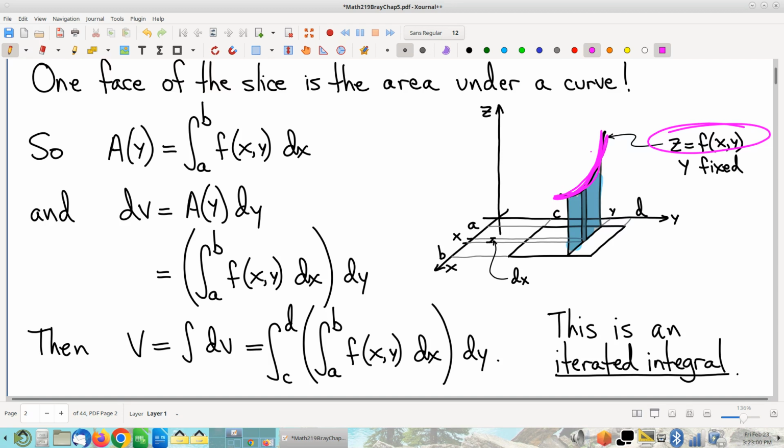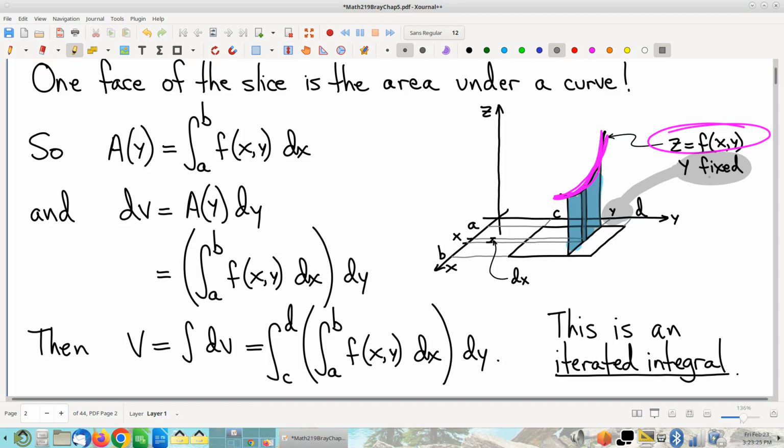But notice, in order to even be able to talk about this area, I've got to say which area I'm talking about, the cross-section for what value of y. I have to pick and fix a value of y in order to even define the area I'm interested in the first place.